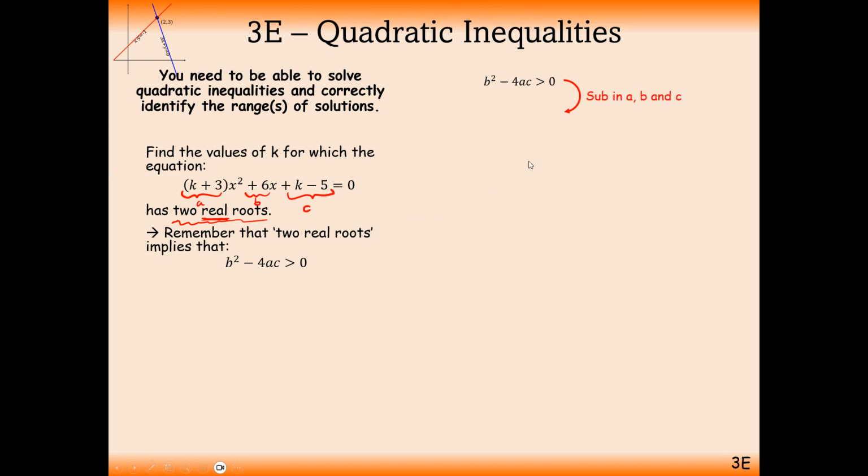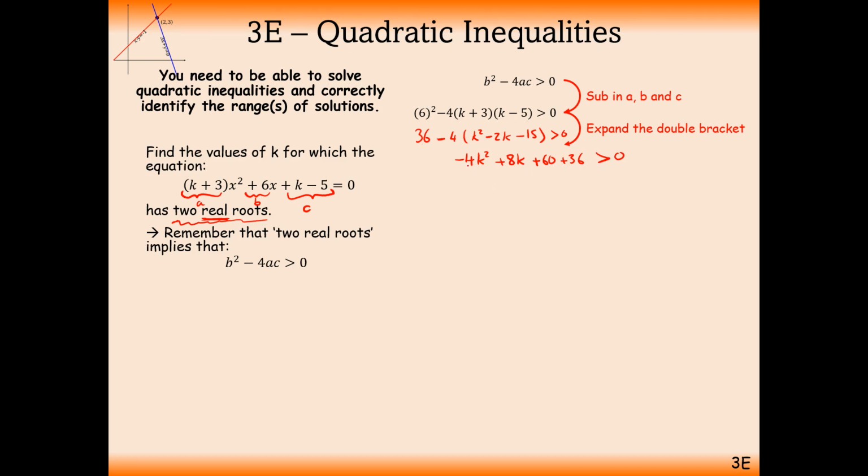We take those values and substitute them into the inequality, and once you multiply this bracket out, you have 36 minus 4 times k squared minus 5 plus 3 makes minus 2k, and minus 15 here. Now multiply that by negative 4, and you end up with negative 4k squared plus 8k plus 60, and my plus 36 has to be bigger than 0.